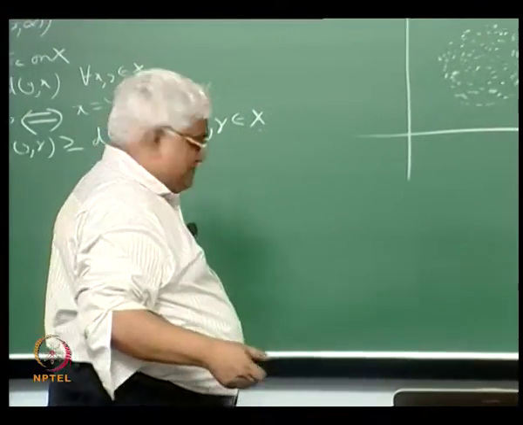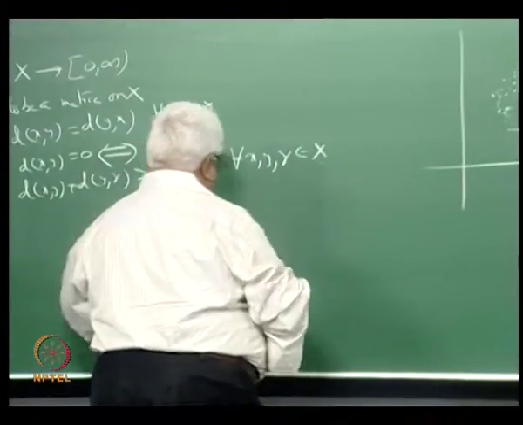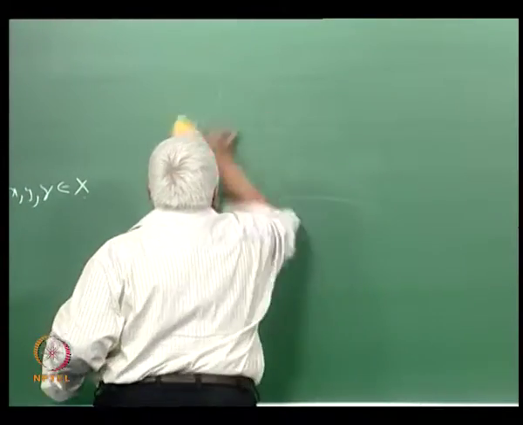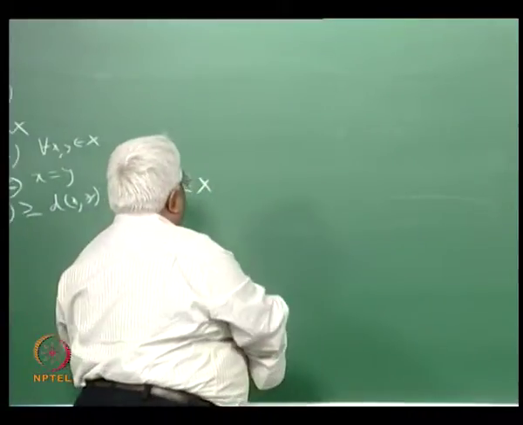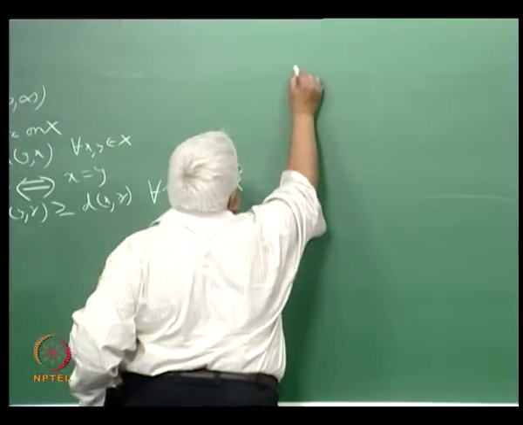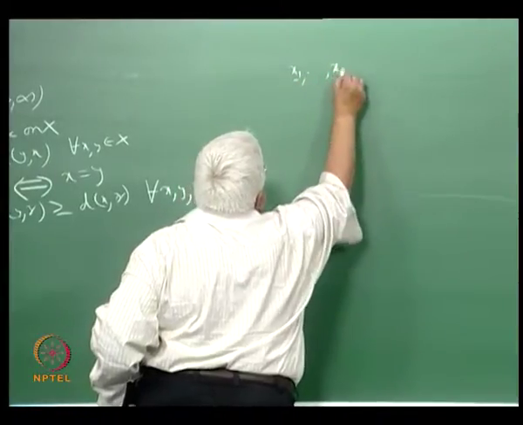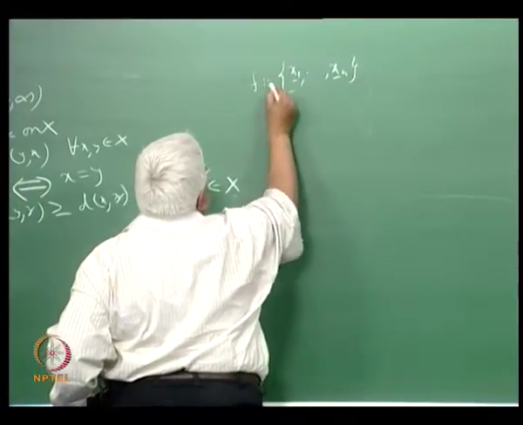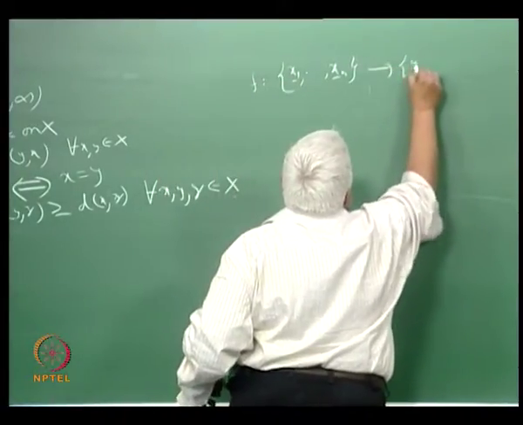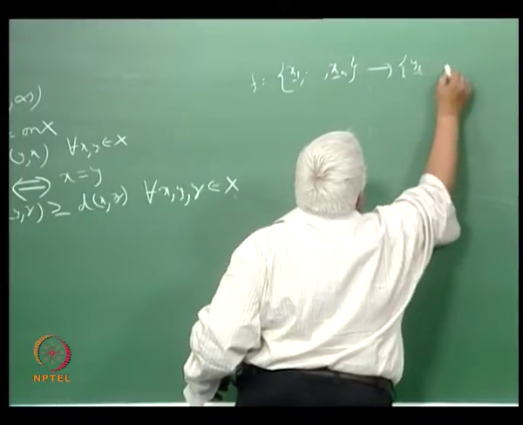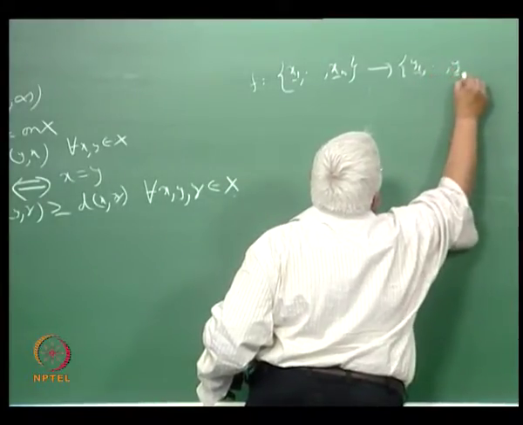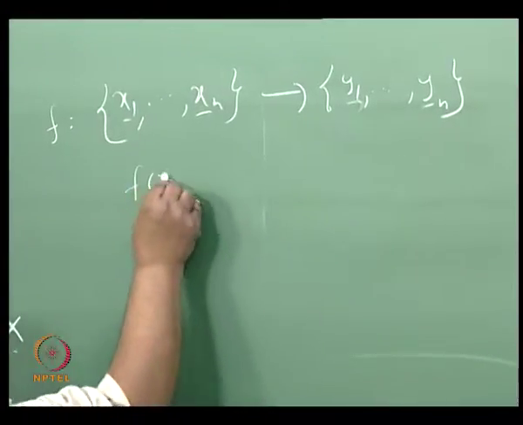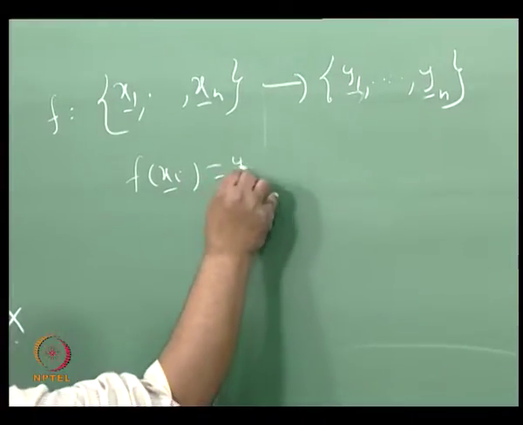That is, if you have points say x1 to xn, then you want to define a map from this to another set y1 to yn, so that f of xi is equal to yi.